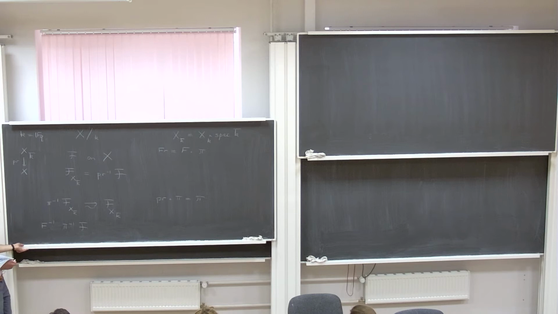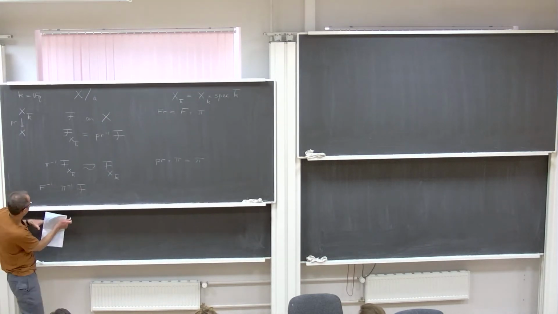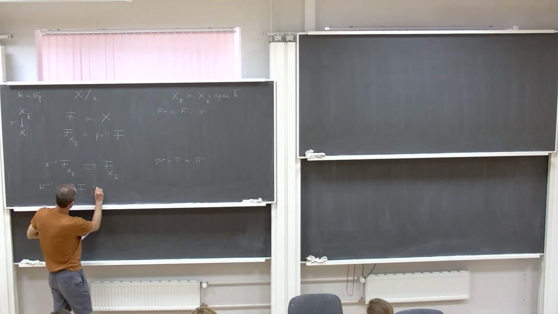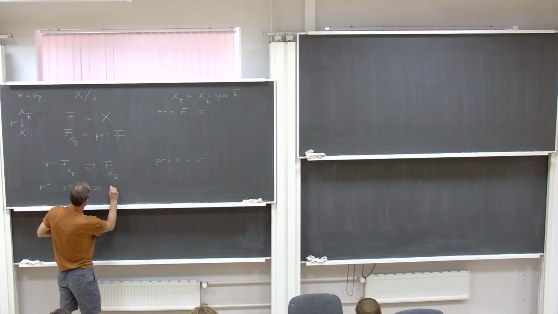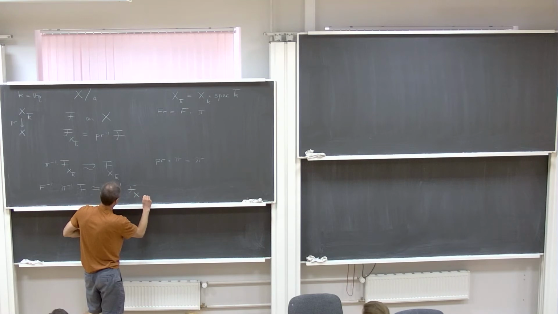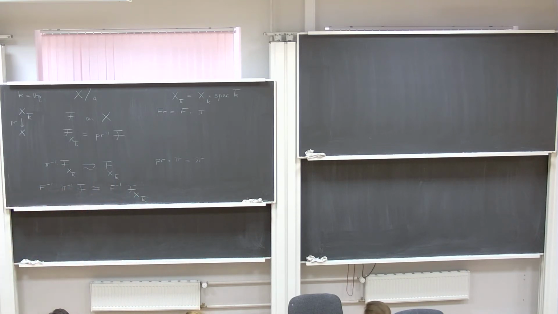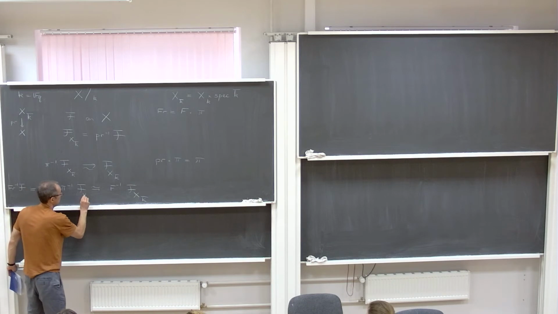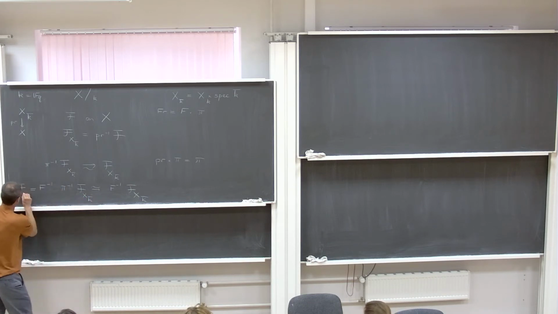Okay? So if I apply this f inverse, I get an isomorphism between this and f inverse of f_X k bar. So what is written here is the absolute Frobenius applied to f_X k bar, right?